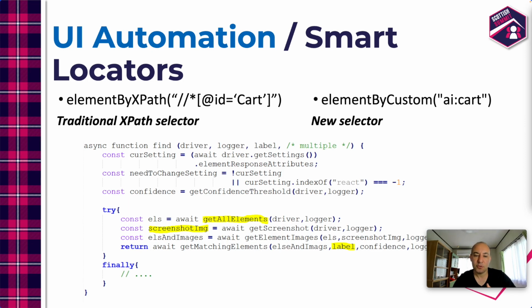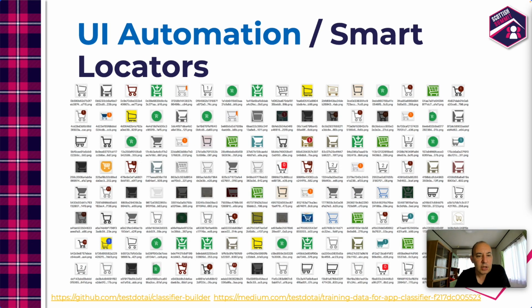So for this case, of course, we can use lots of different images or icons to relate with the element that we are looking for. So for example, this is an open repository taken from test.ai, I guess. So there are lots of different images or icons used for specific purposes.